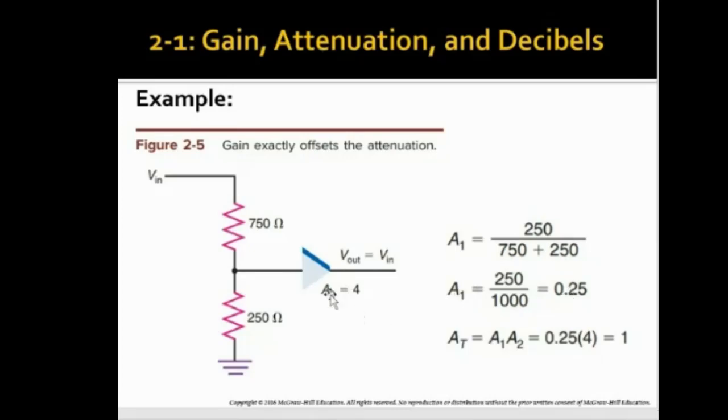So then to fully offset the attenuation, we put a gain of 4. So the amplifier has a gain of 4. 0.25 times a gain of 4 gives us a total gain or attenuation of 1. So the output power will be exactly the same as the input.